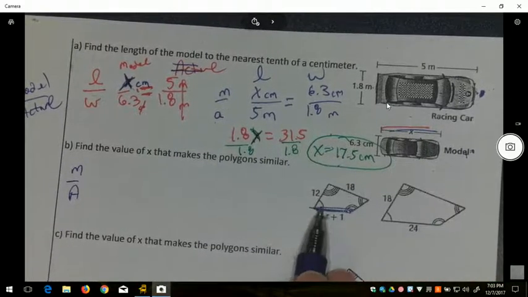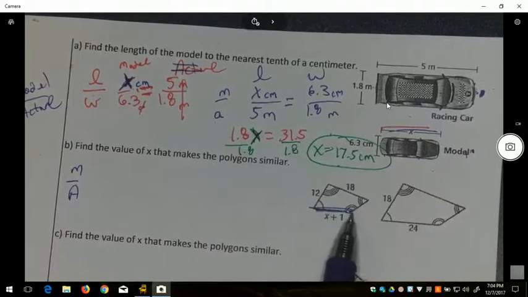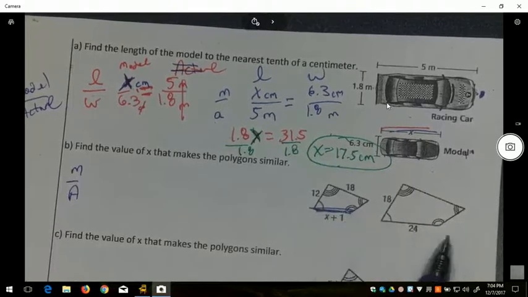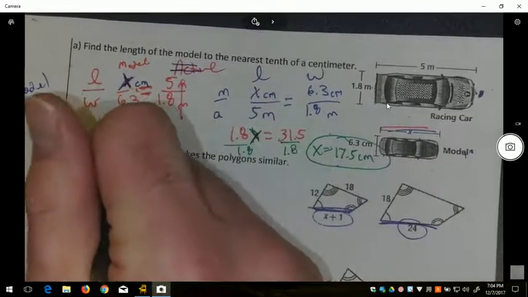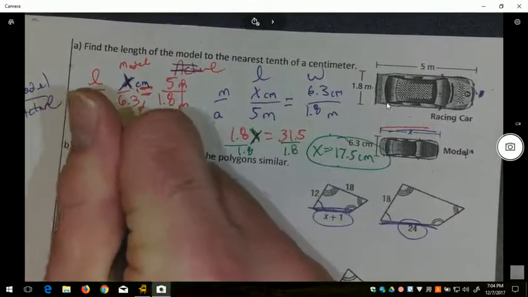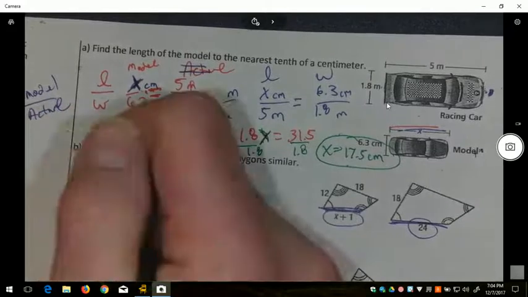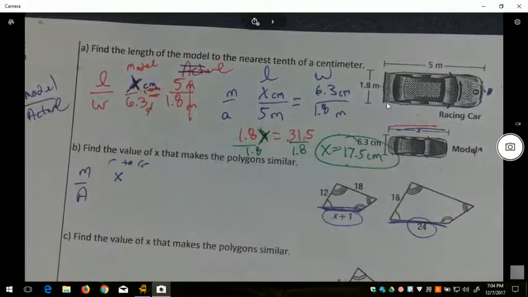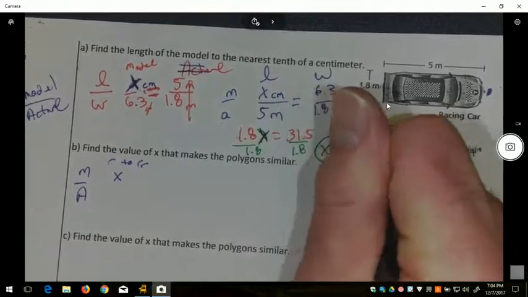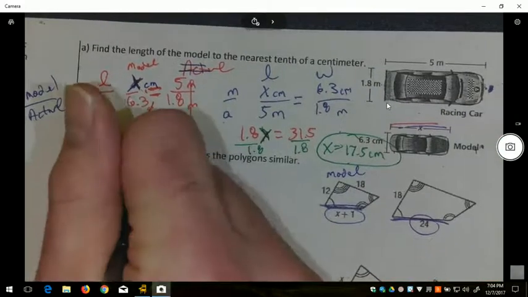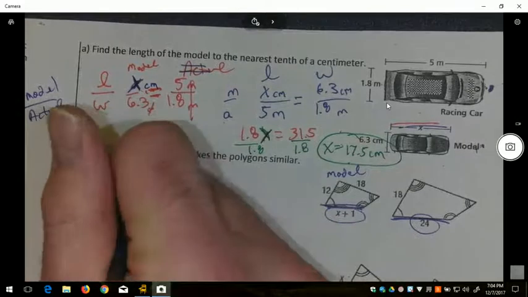It's between the single and double angle mark. So is the number 24. So those are corresponding. So on the single to double angle mark, my model is x. Also, they didn't tell me what the model is. That's a little annoying. We'll pretend that this was the model. We'll do x plus 1 over 24.